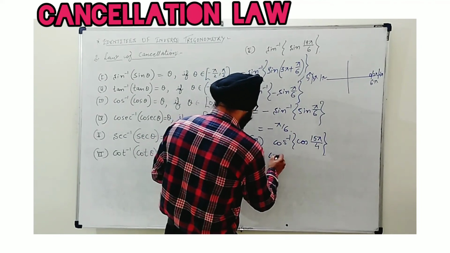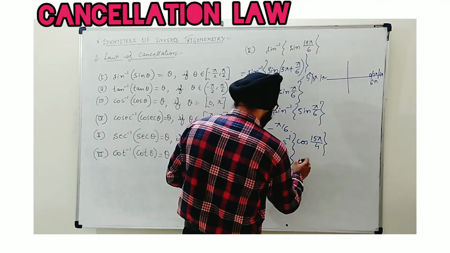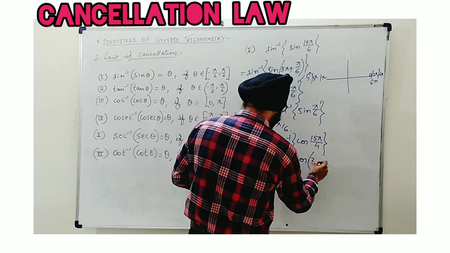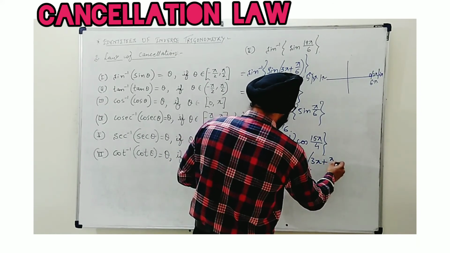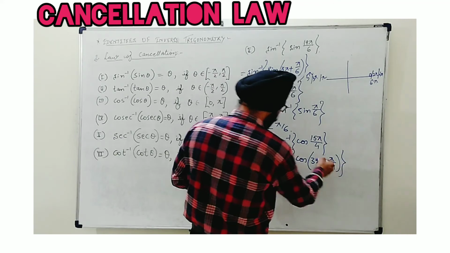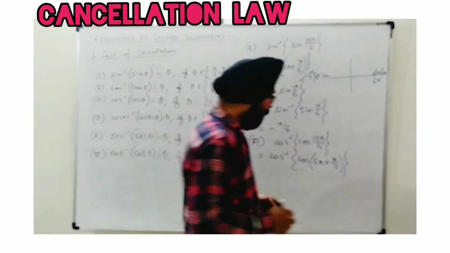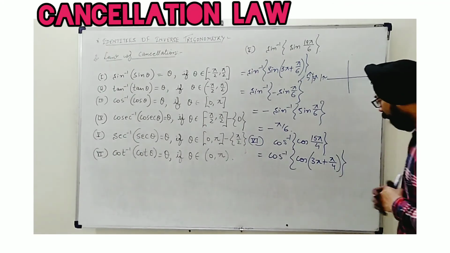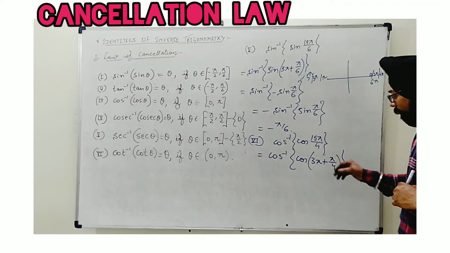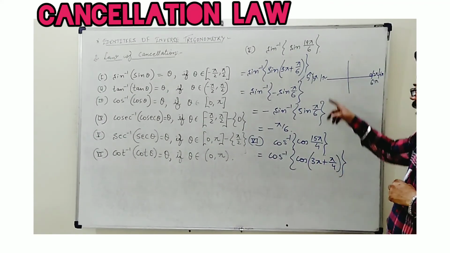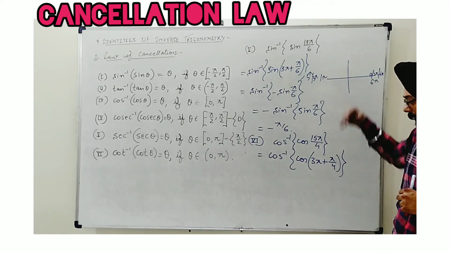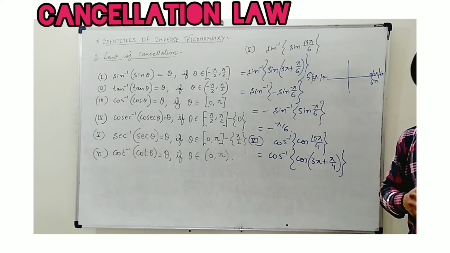Hmm, rather, this can be written as cos inverse cos of 3 pi plus pi by 4. A similar pattern of 3 pi we have obtained. Now 3 pi plus pi by 4 as I have, so here this will be cos of 3 pi plus theta. 3 pi belongs to this group, so it is cos of pi plus theta.